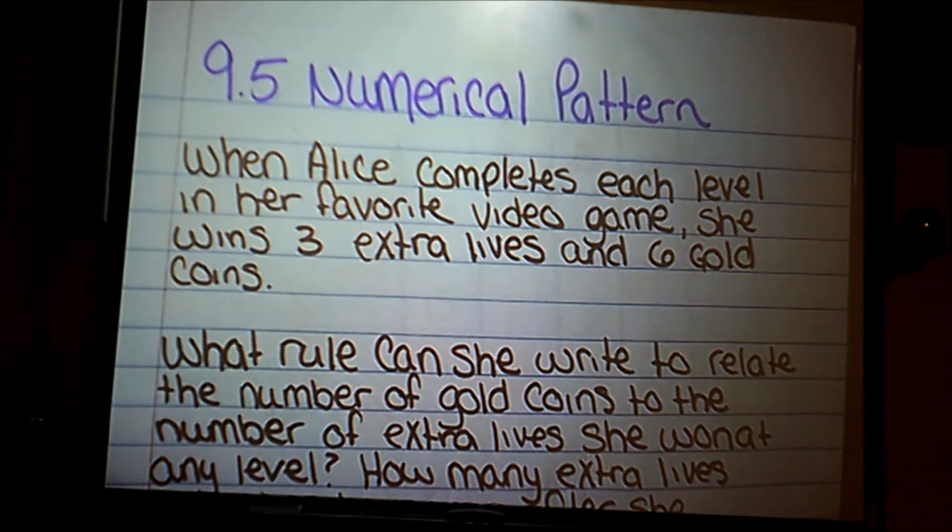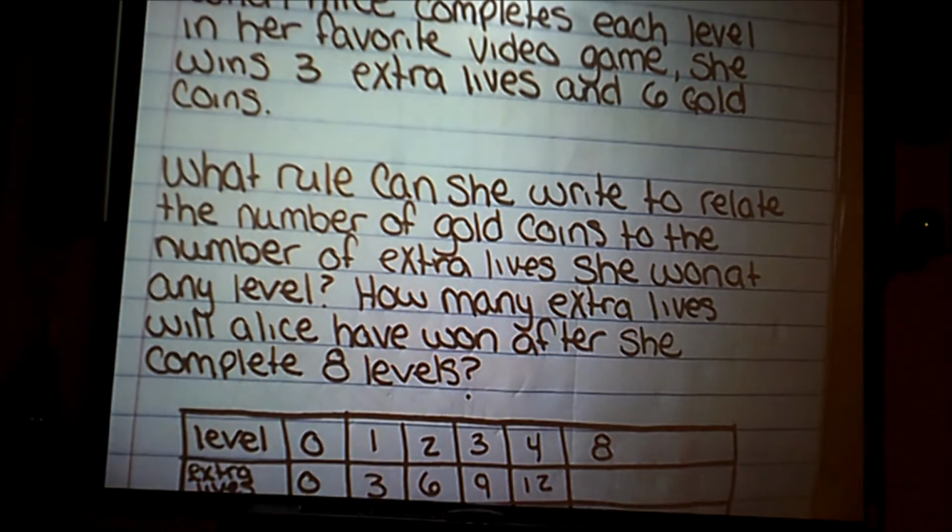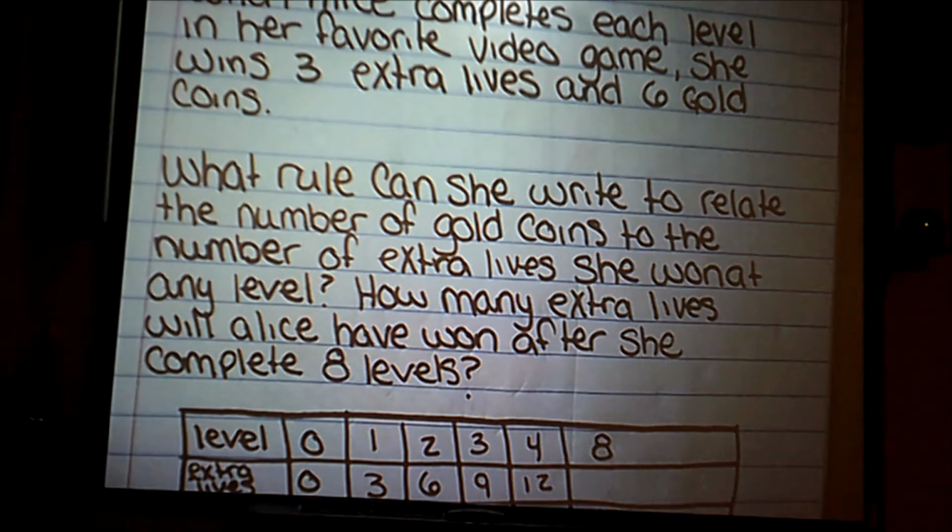So we're going to work to fill out that table to figure out how many extra lives she will get for the 8th level. But not only that, we also have to identify what rule Alice can write in order to relate the number of gold coins to the number of extra lives that she won at any level.